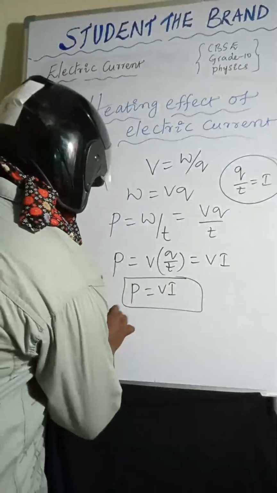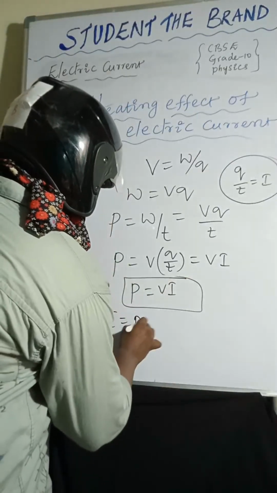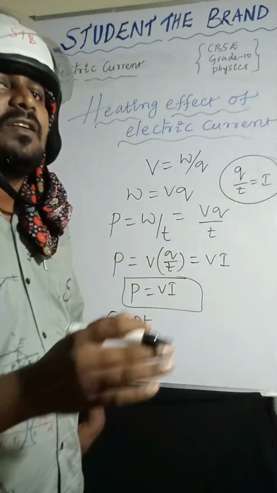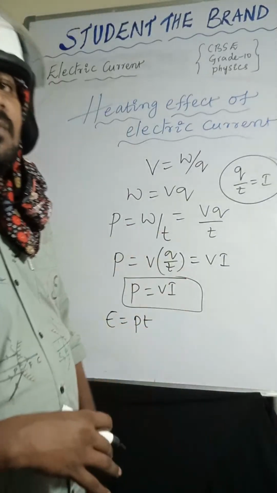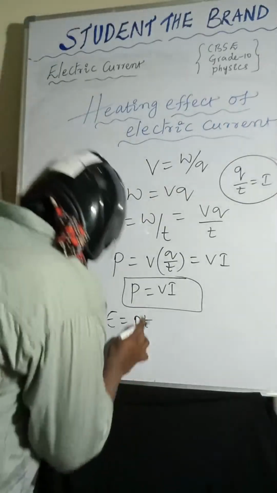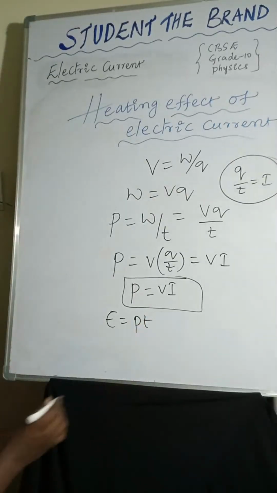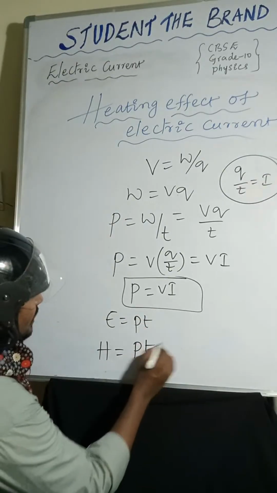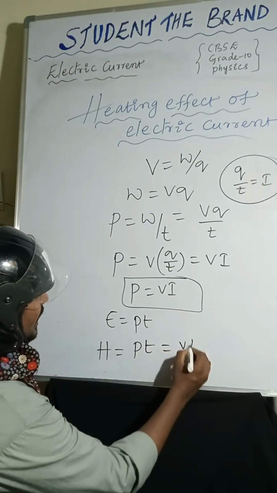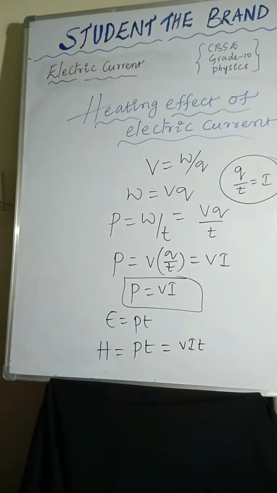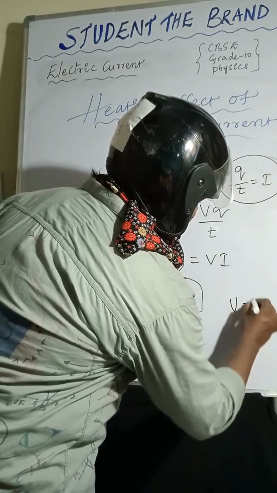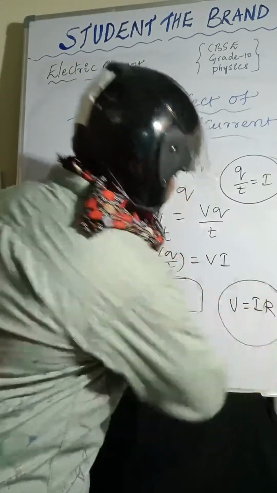Energy is given to the conductor, so that is E equal to P into T. Whatever energy is given to the conductor will become heat. So heat produced in the conductor, H equal to P into T. P we know, VI into T. V equal to IR.